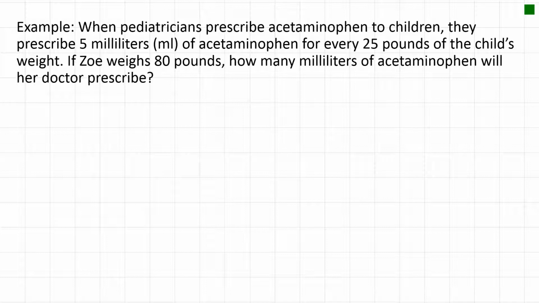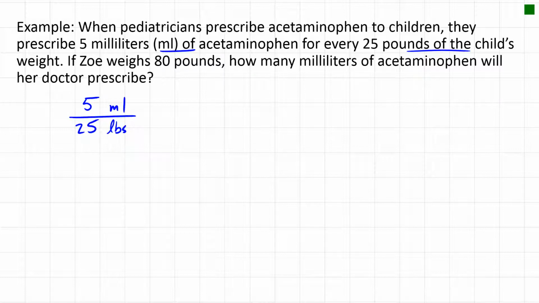So let's go about setting up this equation and solving it as a rational equation. So the proportion that we have to keep in amount is going to be the milliliters for a certain number of pounds. So milliliters over pounds, LBS for pounds. That's what we have to keep in proportion. And so for children, we're told that we require 5 milliliters for every 25 pounds of the child's weight.